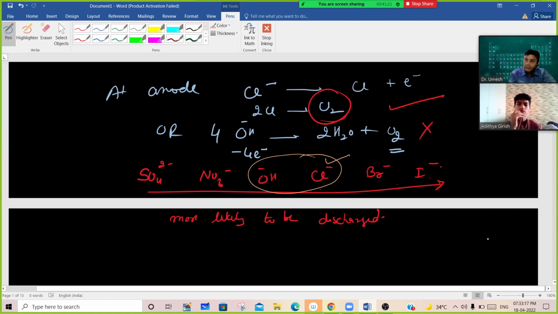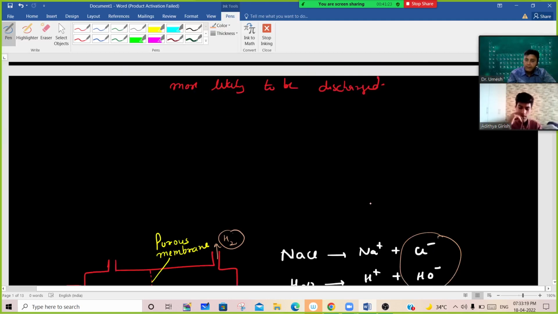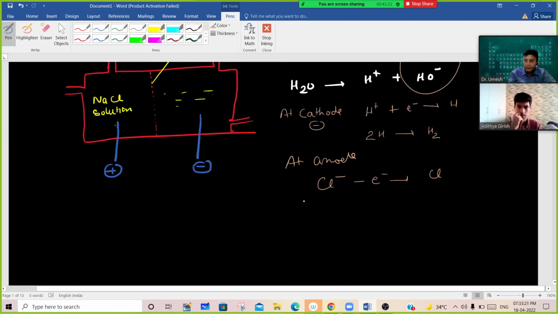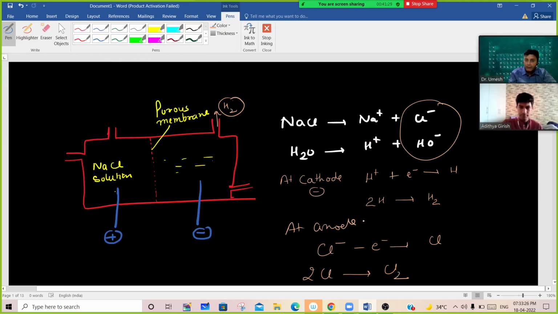Two such chlorine atoms will combine to give you Cl2. It means from this outlet, the chlorine gas will come out.